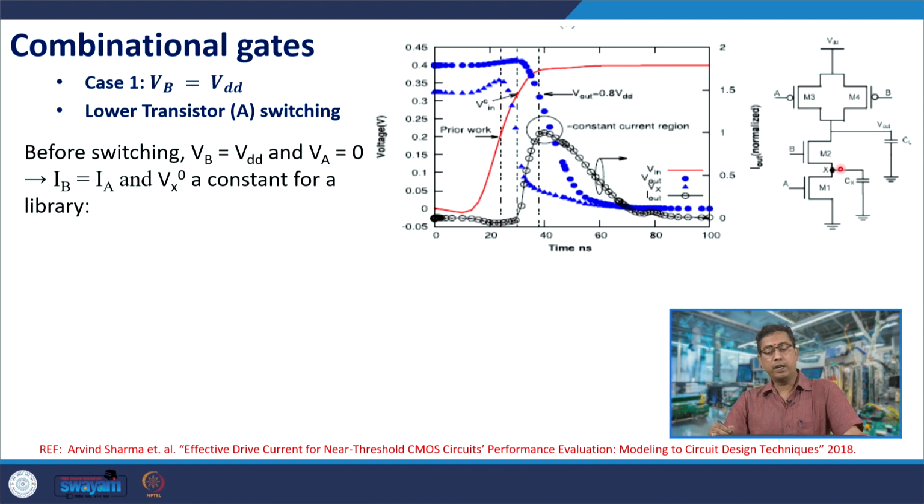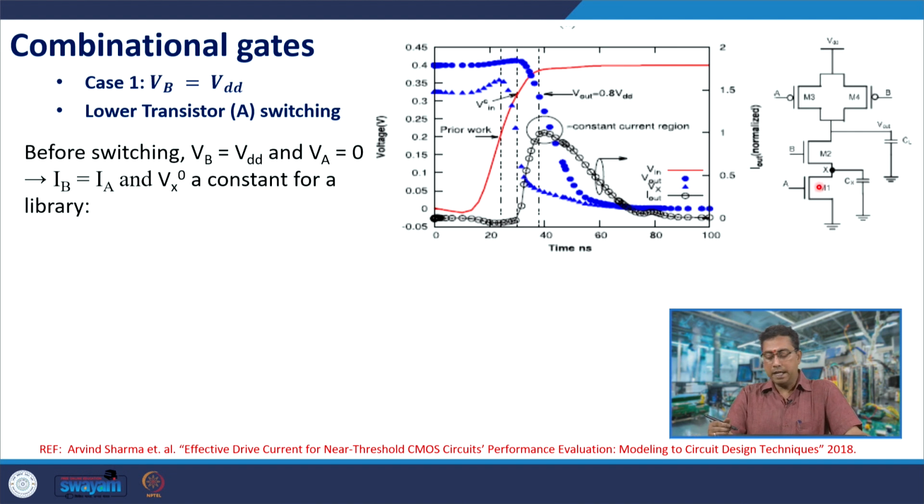Vx would have a certain value, and therefore it would be smaller than VDD always. It can never be VDD while discharging. VDD itself is near threshold voltage, so this is much smaller. VGS of M2 would always be smaller than the threshold voltage.